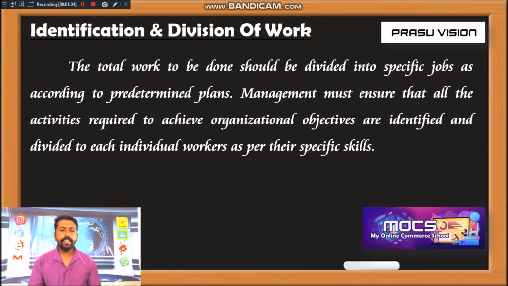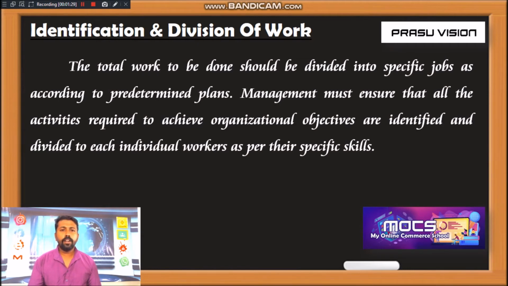Involved in each department. So we will start from the top to the lower and analyze in detail. The total work to be done should be divided into specific jobs. After identifying each and every task, it will be divided.